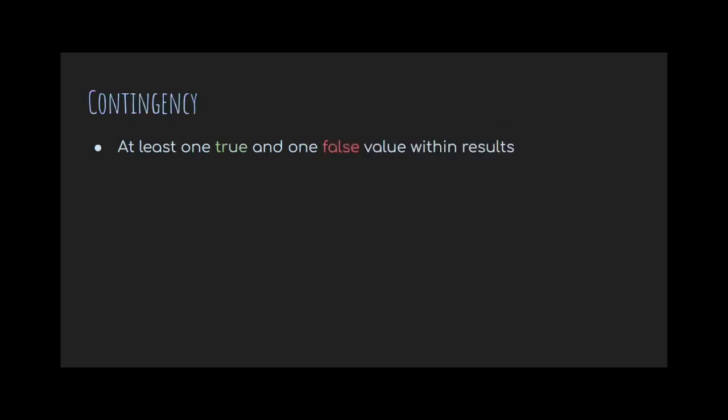And the next one is contingency. This one is very straightforward. We could just use a basic conditional statement. Basically, what a contingency says is you need at least one true and one false in the final results. So we have P, we have Q. I'm going to do P implies Q, and that's going to give us, well, let's do our basic setup first.